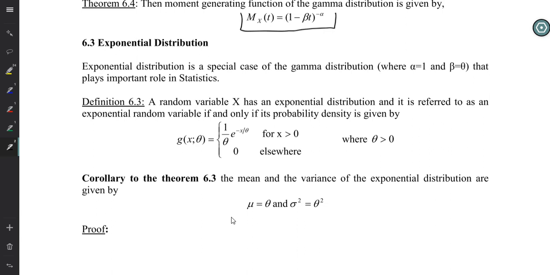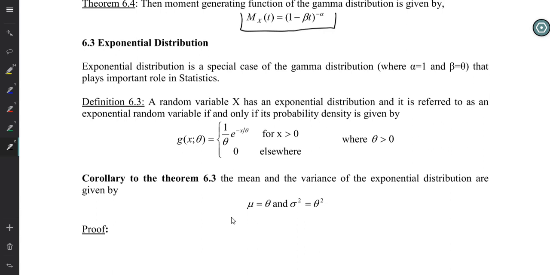Therefore, exponential distribution is a very famous and widely used distribution function. It is a special case of gamma where alpha is 1 and beta is theta. So that is why we learned about the gamma distribution in the first place. Okay, so again, the exponential distribution is a special case of gamma density where alpha is 1 and beta is theta.